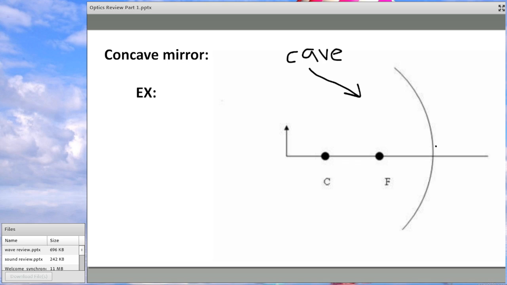Okay, and this is what it looks like. This curved line is your mirror. This F is called your focal point. And you'll have that in a lens too. This C is called your center of curvature.